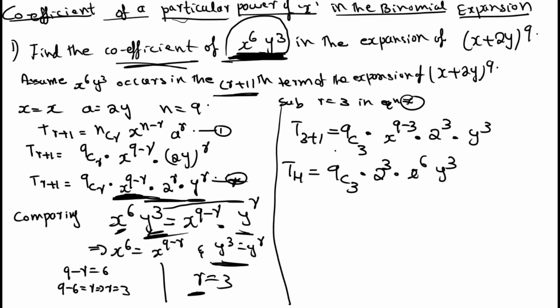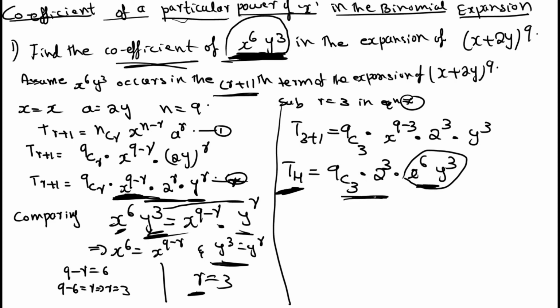We know by this you can say that x to the power 6 into y to the power 3 occurs in the fourth term, T4. In the fourth term, you will get x to the power 6 into y to the power 3. What is the coefficient of x to the power 6 into y to the power 3? Coefficient means terms associated with x to the power 6 into y to the power 3.